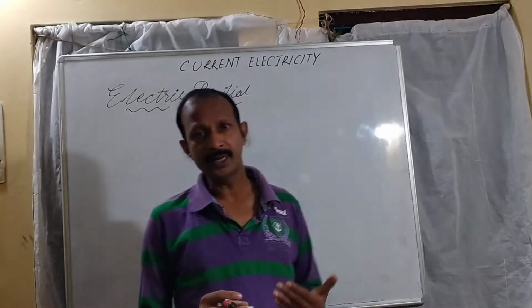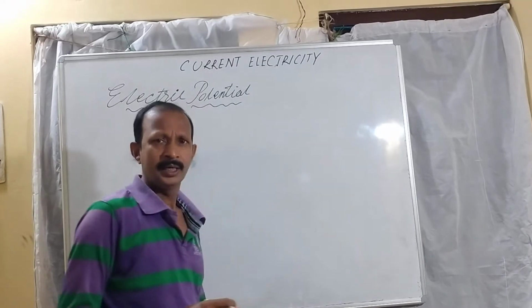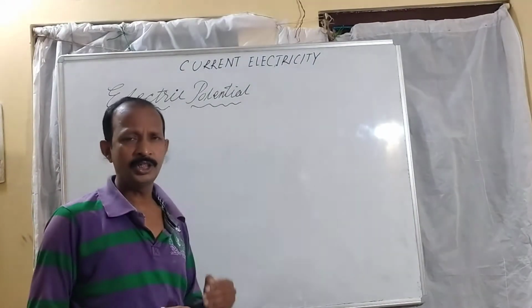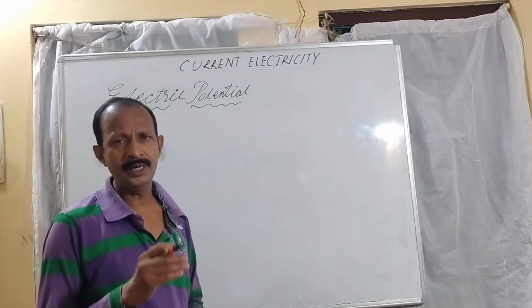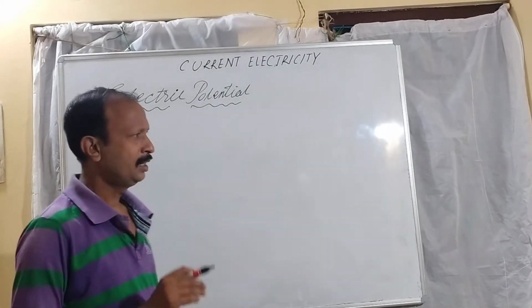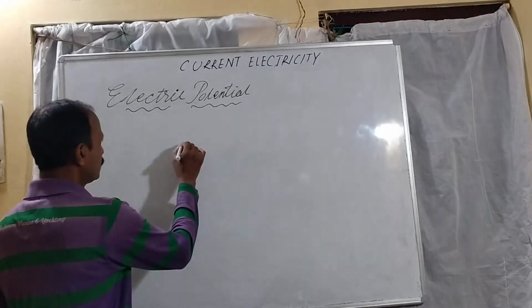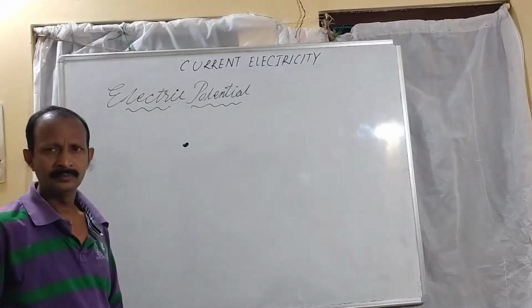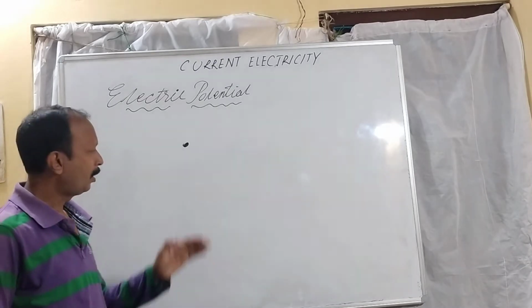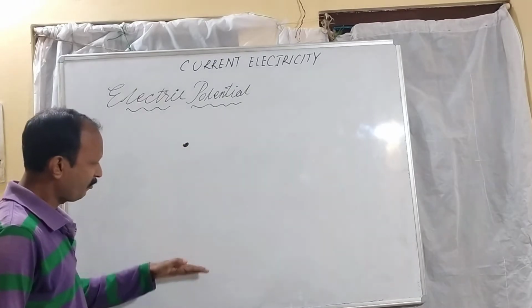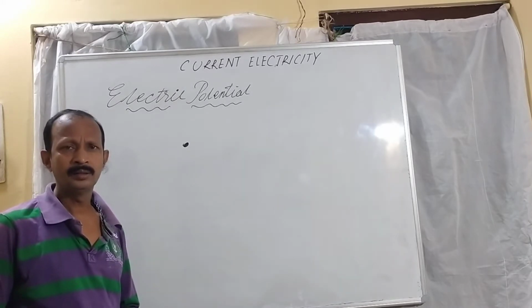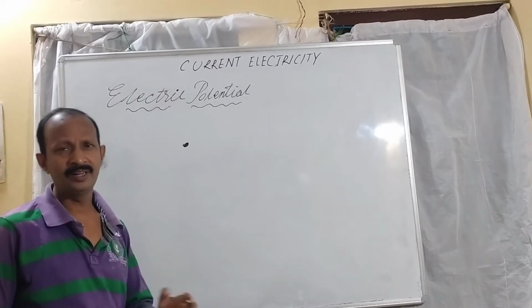So before going to the technicality of electric potential, it will be wise just to feel what is electric potential. See children, suppose this is a free fall body. The body comes towards the surface of the earth. That is due to the Earth's gravitational field.